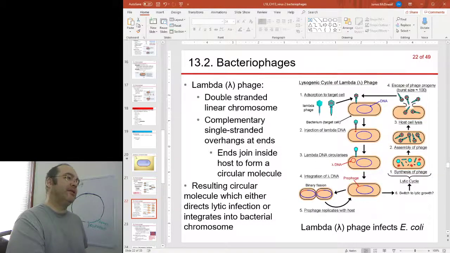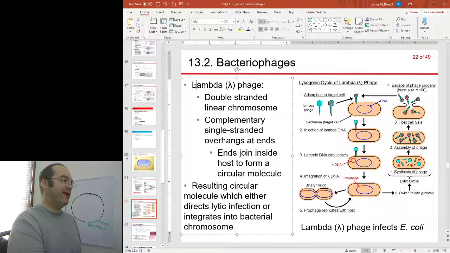So on to slide 22. Here is that cycle once again. Just a quick note about the structure of our lambda phage. Inside the virus particle, we have a double-stranded linear chromosome.